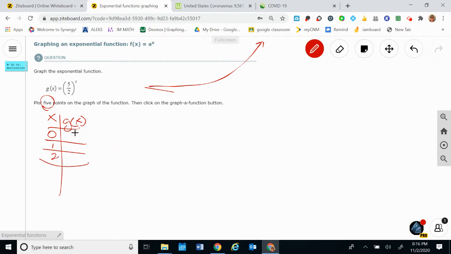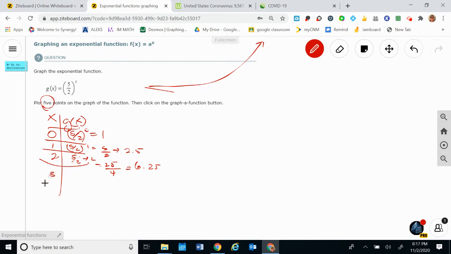If you plug in 0, you get 5/2 to the 0 power, which equals 1. 5/2 to the first power is 5 halves, but because we're graphing it, let's change it to a decimal, 2.5. 5 halves to the second power is 25 fourths, which is 6 and 1/4, 6.25. So you can see what we're getting so far.